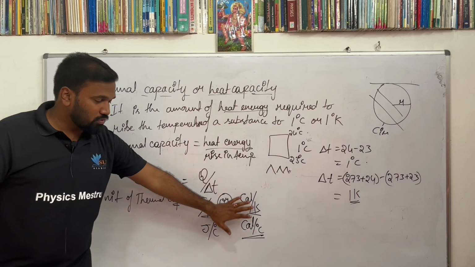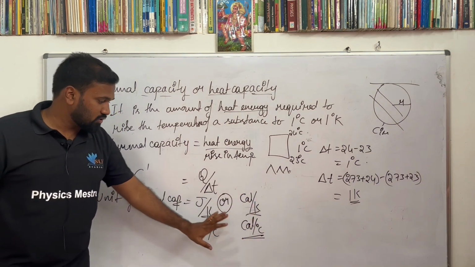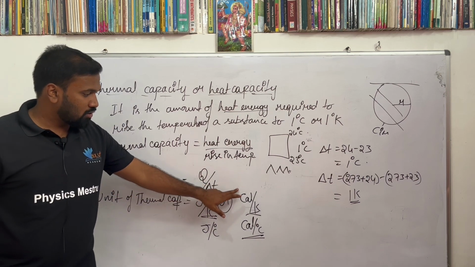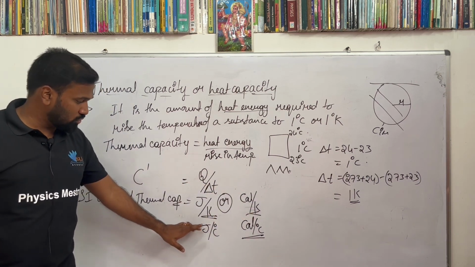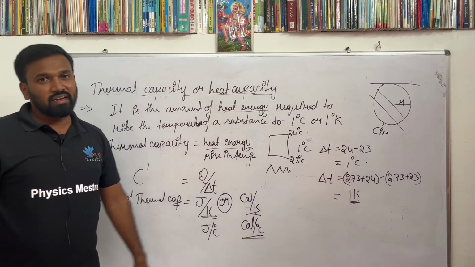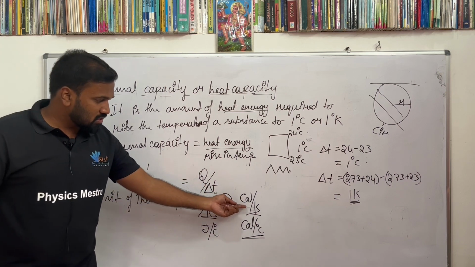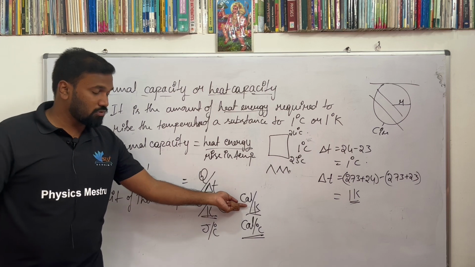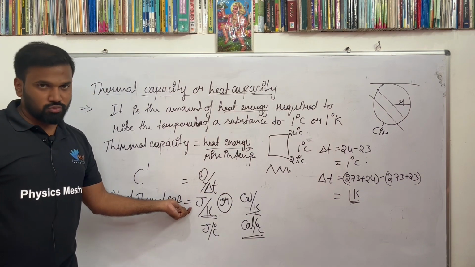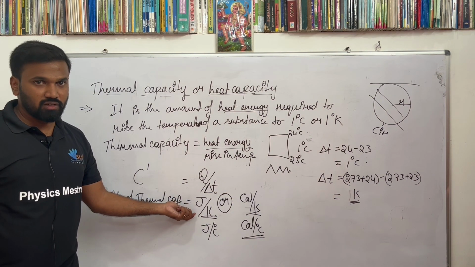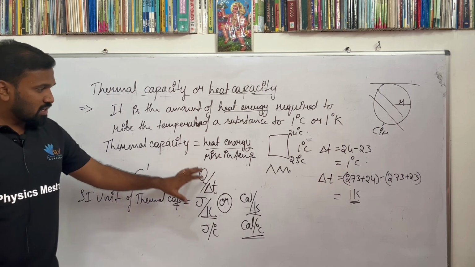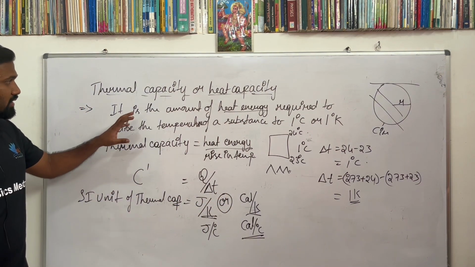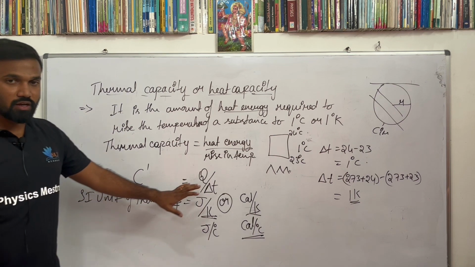The main thing is, if they give calories, we have to convert it into joules, where 1 calorie is 4.2 joules. I hope you are clear with thermal capacity and its unit.